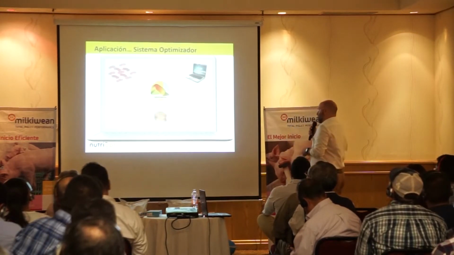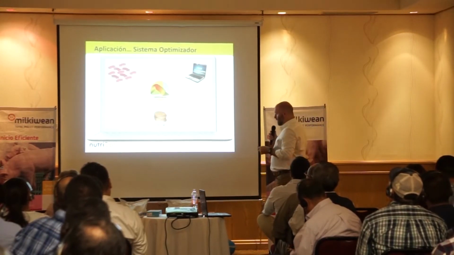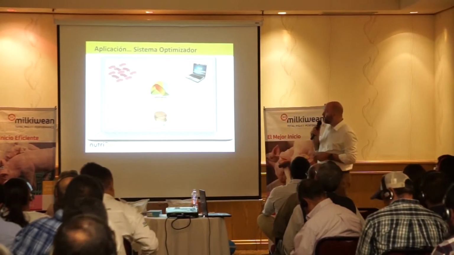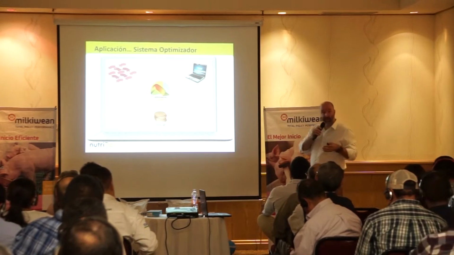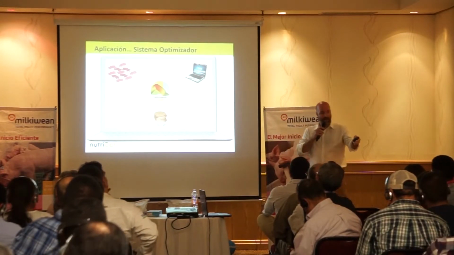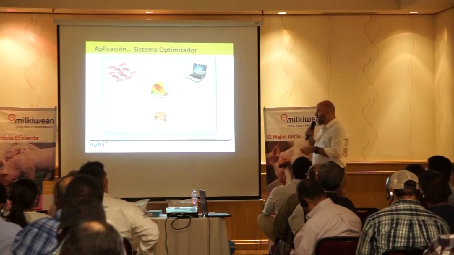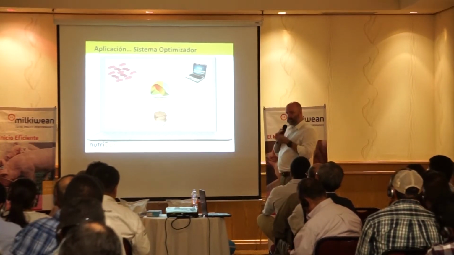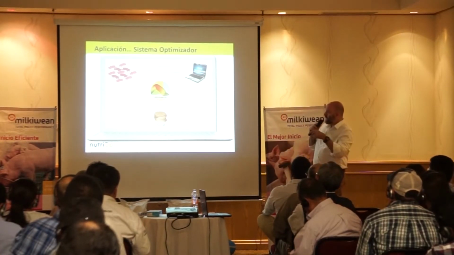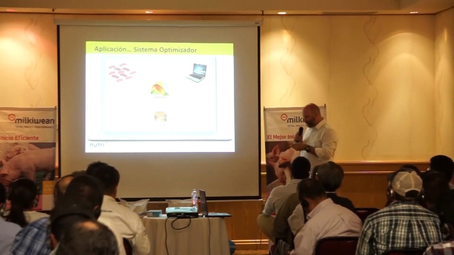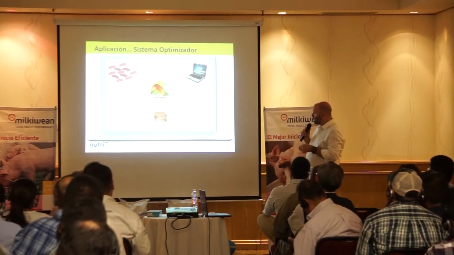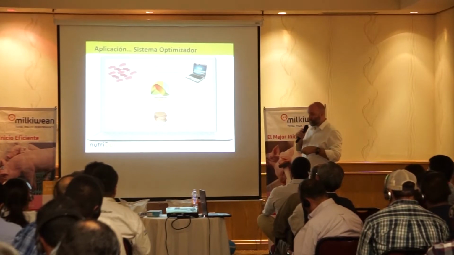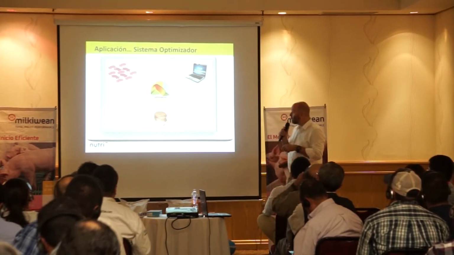So within the optimizer, we have three different things that we have to balance out. We have the animals themselves. We have the feed that's formulated to go into the farm and provide the animals their requirements. And we have the economics involved, with the pig price and the feed costs. And they all interact with each other. So the cost of feed is important. The amount of income that those animals are generating for you is very important.